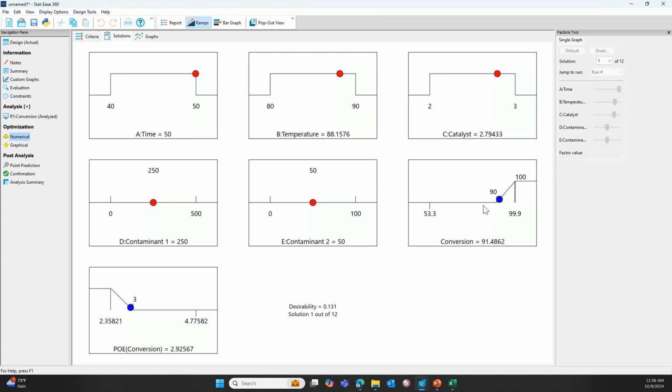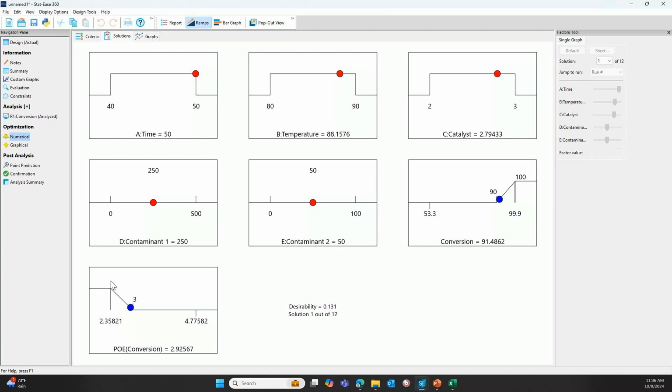So I will hit my solutions, and here's where I end up with this one. Now I have my time, my temperature, and my catalyst settings. My contaminants are nominally at the 250 level, because I've locked those in. So we're accounting for the fact that those contaminants will be present at some level. But now, given the variation that we're expecting in all of these things, the conversion that I'm expecting is going to be 91.5-ish.